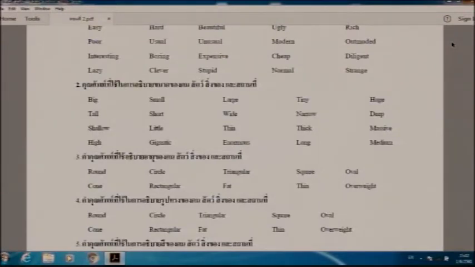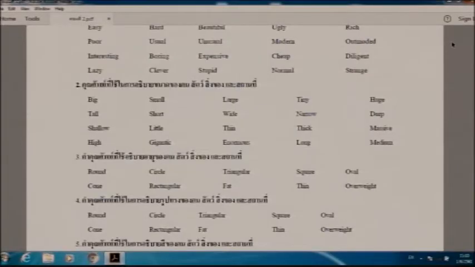It can be related to the word small. Okay, we have finished thin. Can you please listen to the pronunciation of these adjectives? These adjectives describe the size of things, size of people, size of anything.